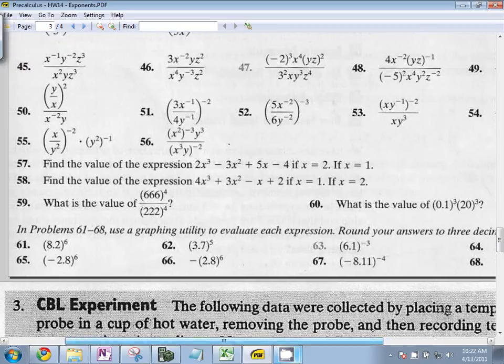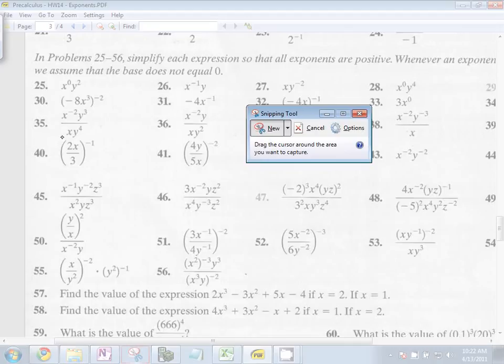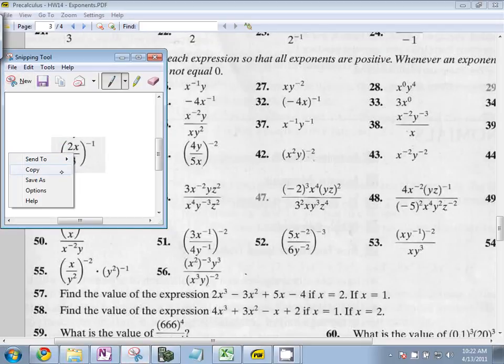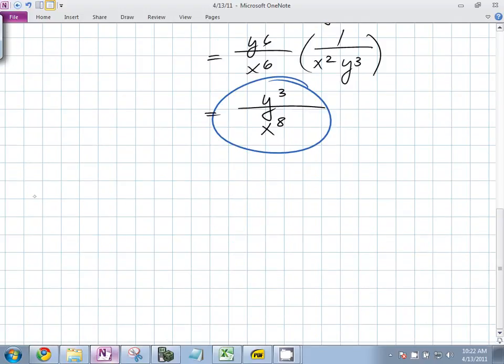Which one, Victor? 40? Did you say 40? Yeah. So this one right here? Victor, is that one? Yeah. That one? Now what do you do with that negative power? What can you do to get rid of the negative? Flip it.